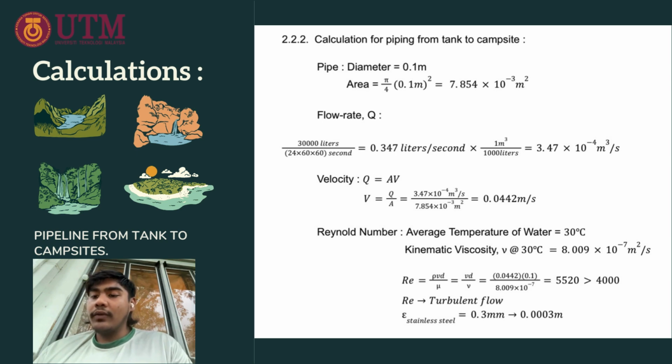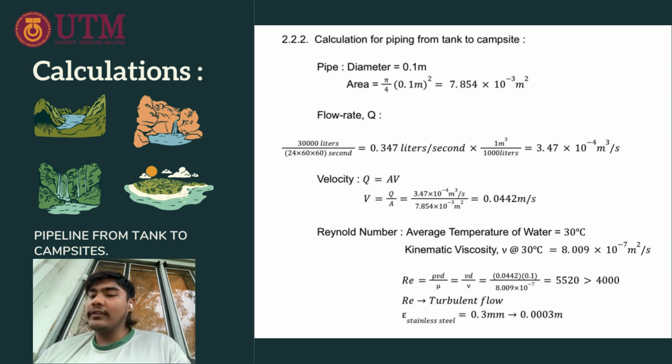Then we look at the table and we got our kinematic viscosity, nu, at 30 degrees Celsius equal to 8.009 times 10 to the power of negative 7 meter squared per second. To calculate the Reynolds number, we use the formula Vd over nu. After we calculate, we got our Reynolds number is 5520. It's more than 4000, so our flow is turbulent flow.